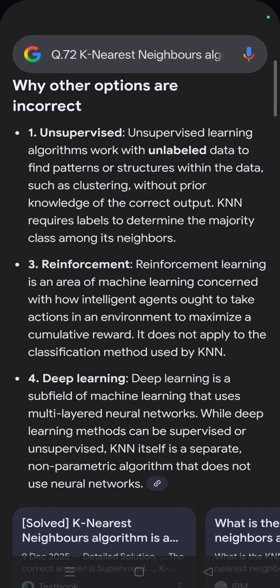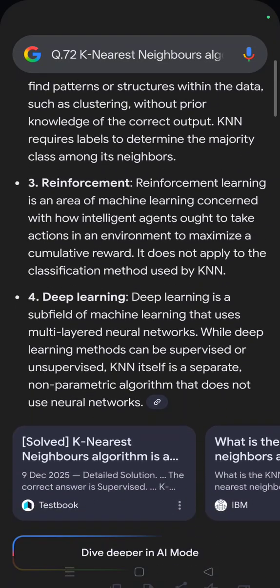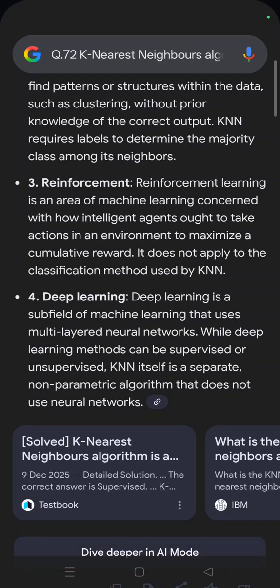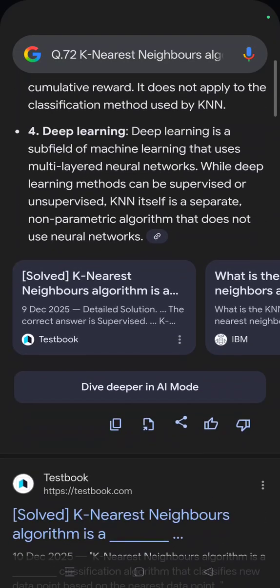It does not apply to the classification method used by KNN. Deep learning is a subfield of machine learning that uses multi-layered neural networks. While deep learning methods can be supervised or unsupervised, KNN itself is a separate non-parametric algorithm that does not use a neural network.